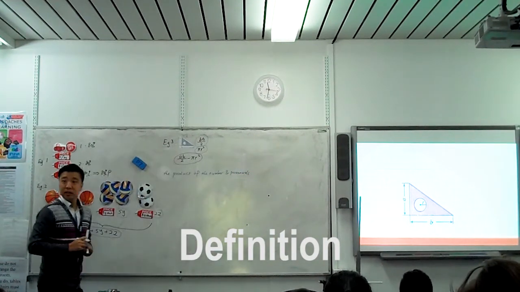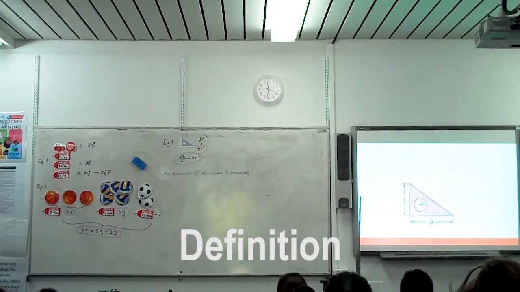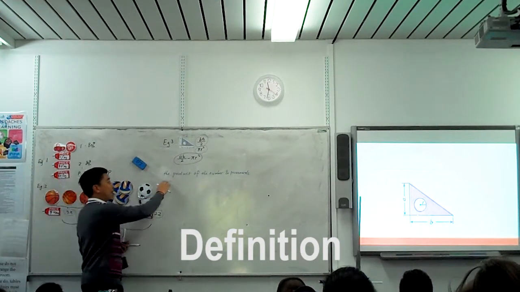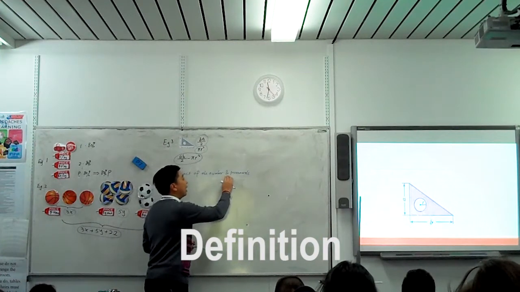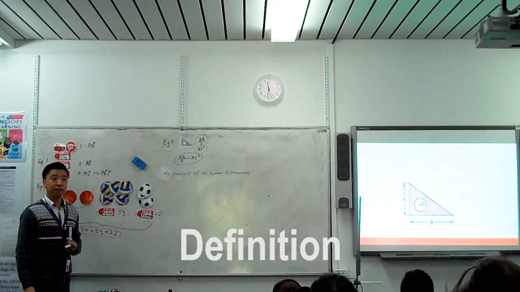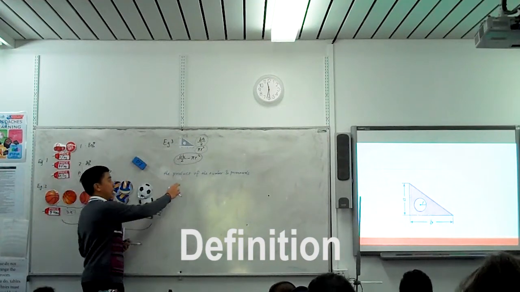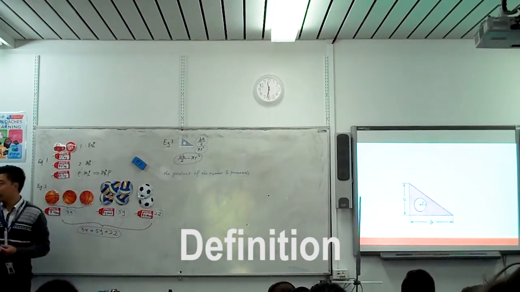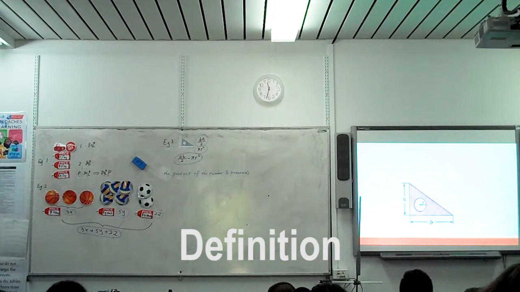Okay? Is that correct, everyone? So in box 1, we all have the product of the number and the polynomials. That is a product. Only multiplication or division.